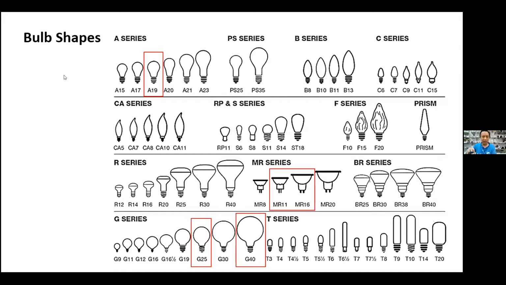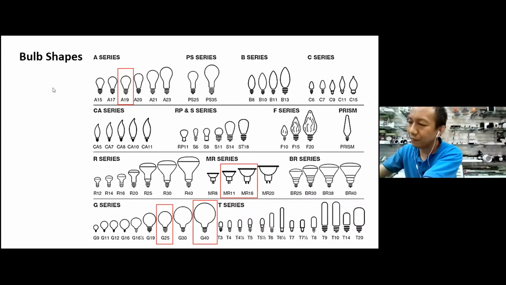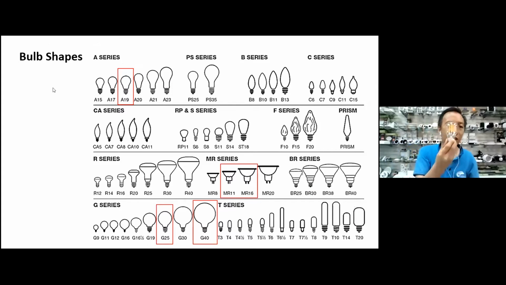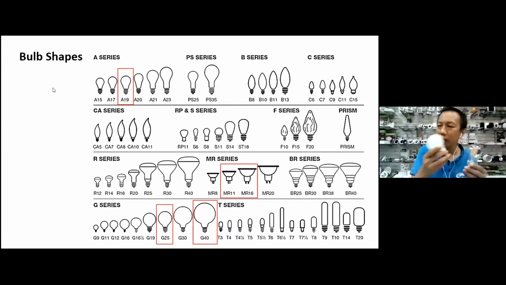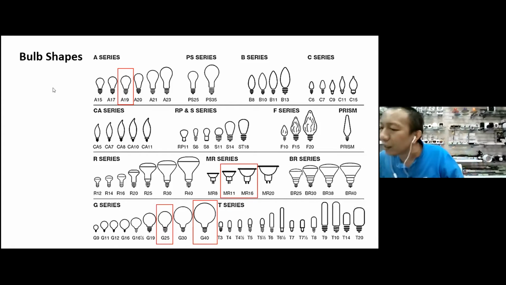Ang common size usually yung mga A19 pataas. Usually mga ganyang sizes yung mga ordinary.